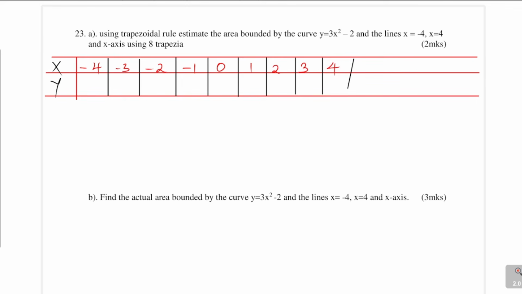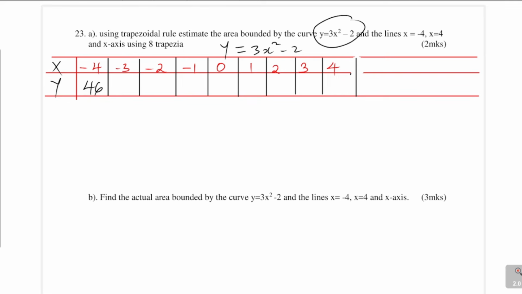You're simply using the calculator to work out these, using this function, y is equals to 3x squared minus 2. Let's fill this table. So when x is negative 4, you substitute in this function, you'll get y to be 46.